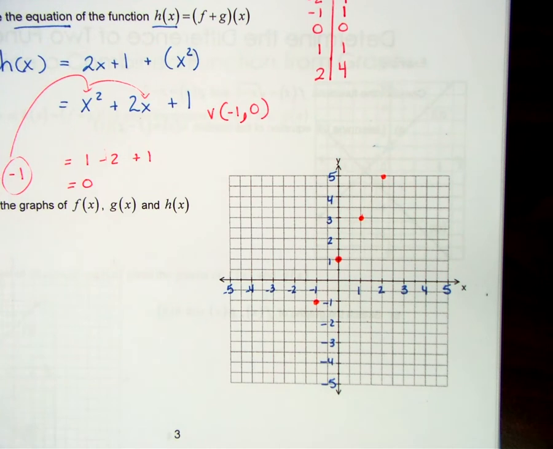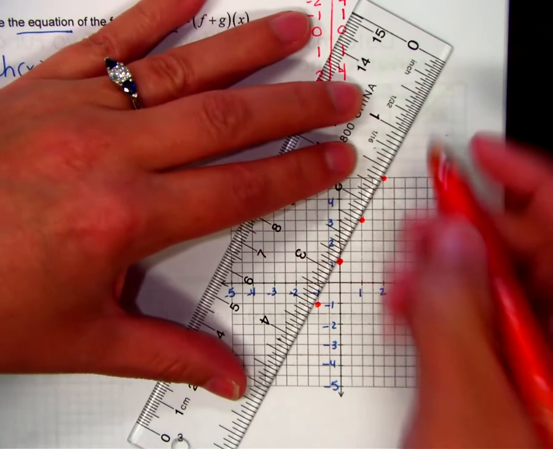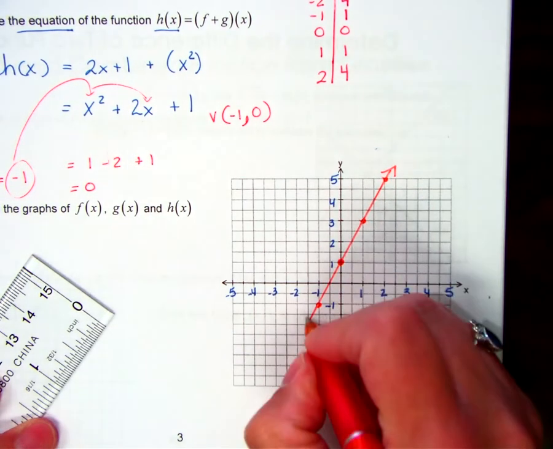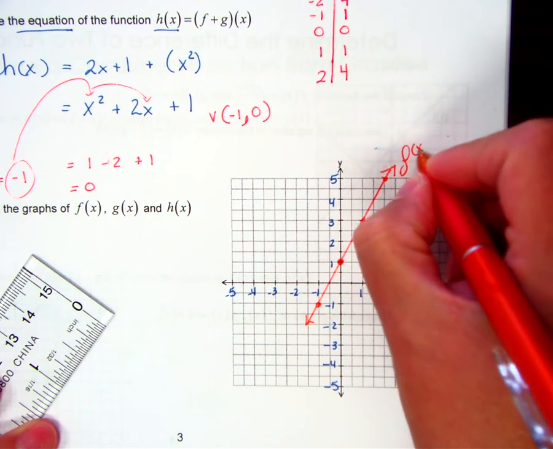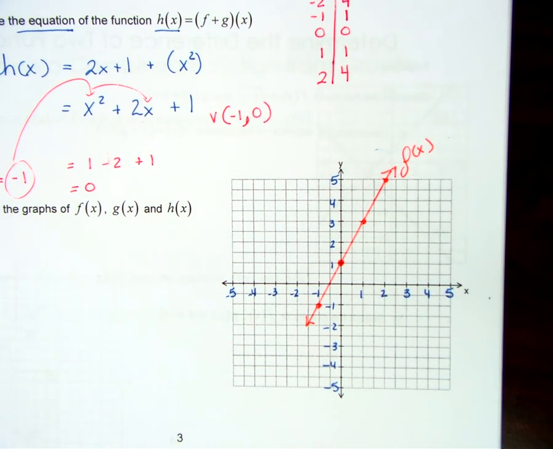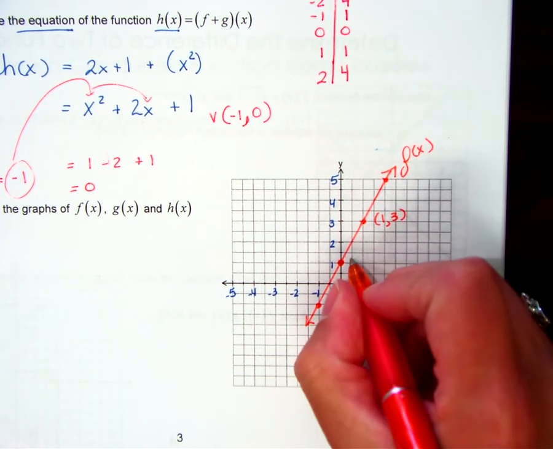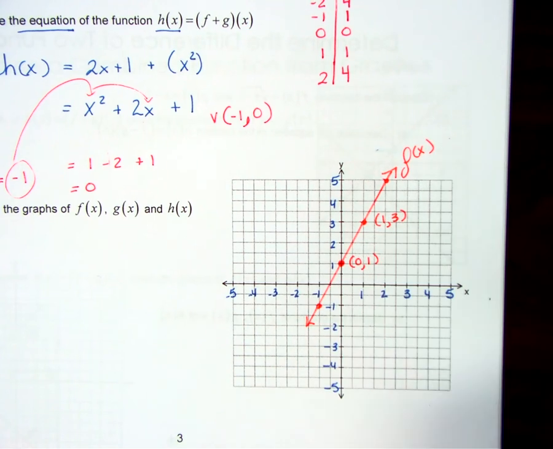And I get this beautiful line. This is my f of x function, and we're going to label 2 points. Okay, I feel good about that.